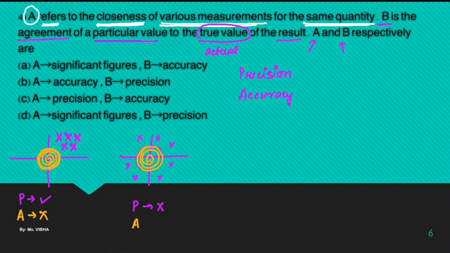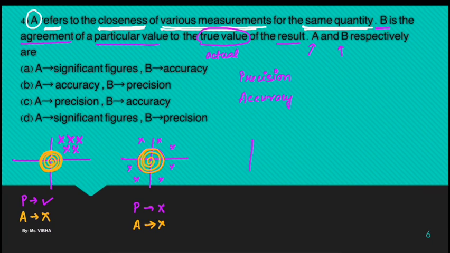That means this person is not accurate. But let's suppose that same person is hitting exactly here. That means all the measurements are precise also, and all the measurements are accurate also, means they are in agreement with the true value.